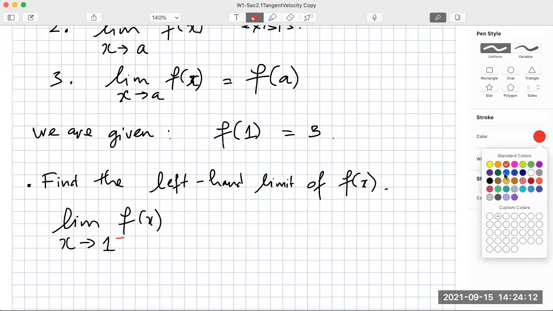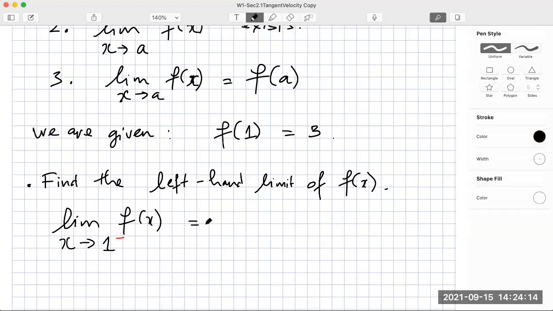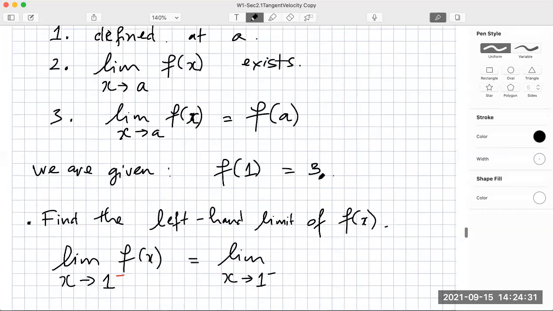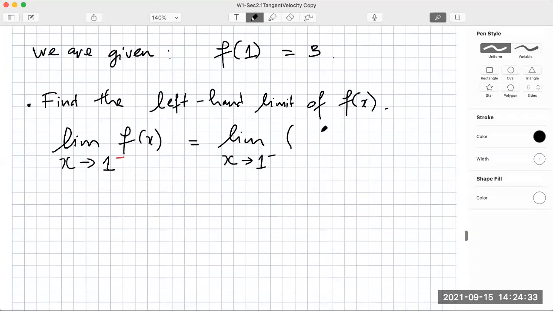Since we are taking the limit from the left, it means x is smaller than 1. Therefore, we use the definition of the left branch, which is this branch, right? Then we replace f of x by x plus 1. It becomes limit of x plus 1. Is it clear why we have this?